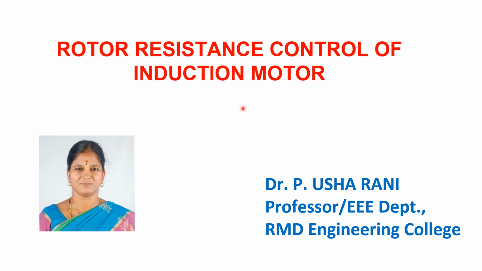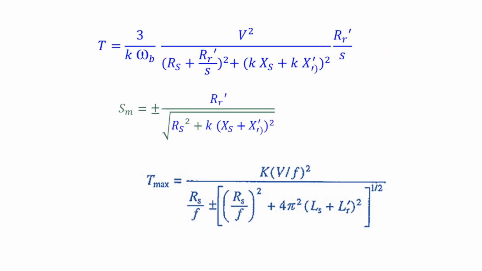Now I am going to brief about the topic of solid state drives, rotor resistance control of induction motor. Here, if you consider the torque equation, the first equation, the torque equation, is directly proportional to rotor resistance.